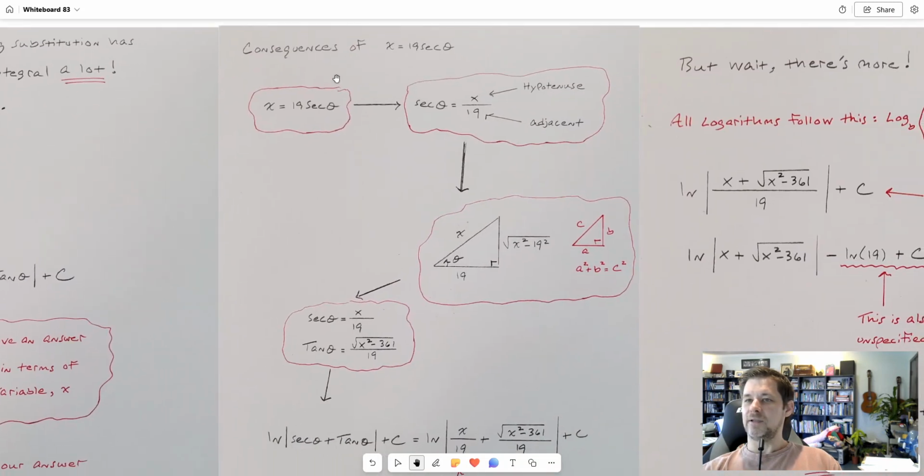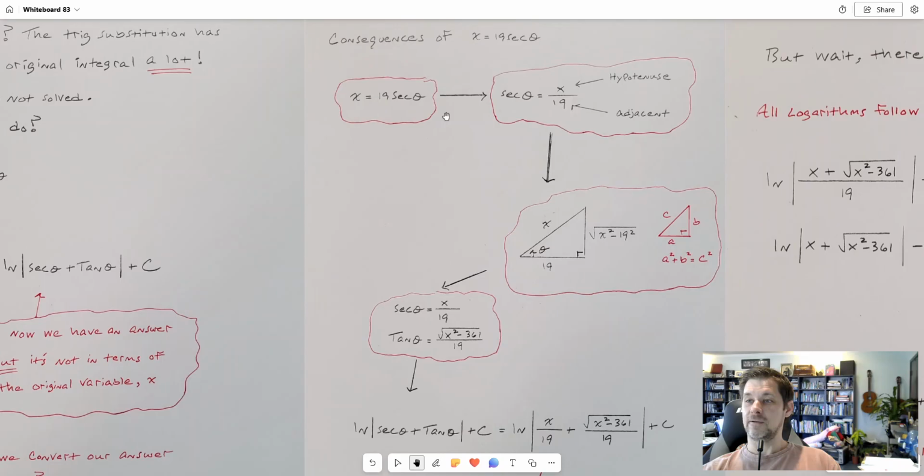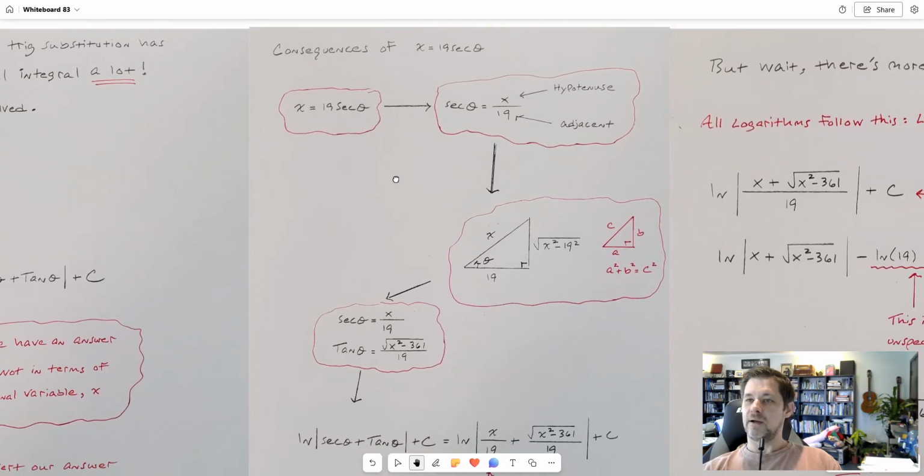I'm going to study all the consequences of x being 19 secant theta and see if I can get everything I need to convert this, which is in theta, back in terms of x, the original variable. So my train of thought goes like this. Okay, so x is 19 secant theta. A consequence of that, if you divide both sides by 19, is that secant theta is x over 19.